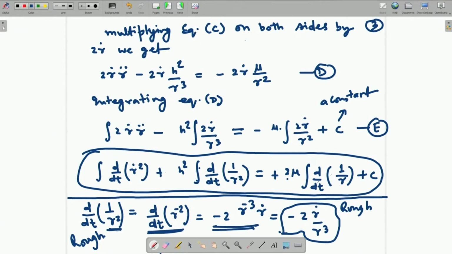Now, you can see the quantity which is present here, if I differentiate this. So, this is the way we are writing. So, this minus sign here appears, this is the minus sign. So, this minus sign will ultimately manifest here in this place. Okay. So, now this is okay, and on this side also we have written it the same way. So, once we differentiate it, the minus sign will appear in this place.